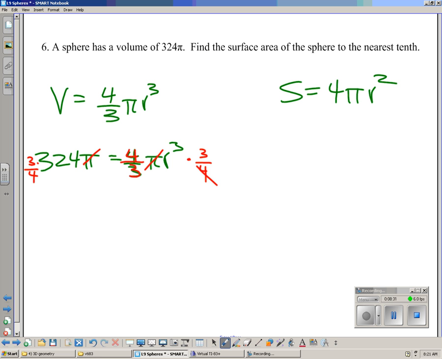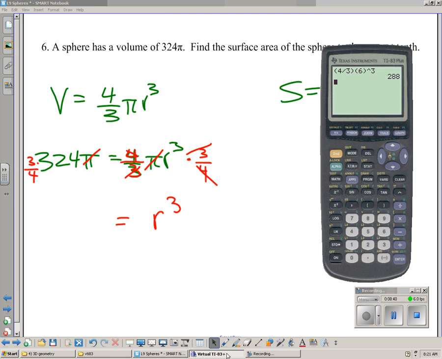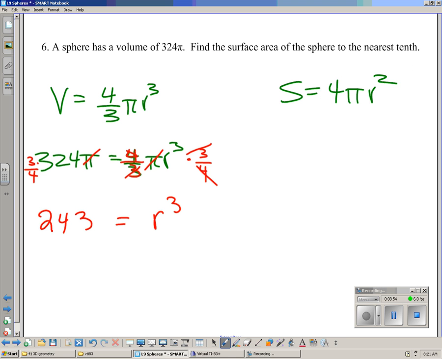And that will cancel the 4 and it will cancel the 3, and r cubed will be left. On the left-hand side, we can do 3/4 times 324, and that equals 243.